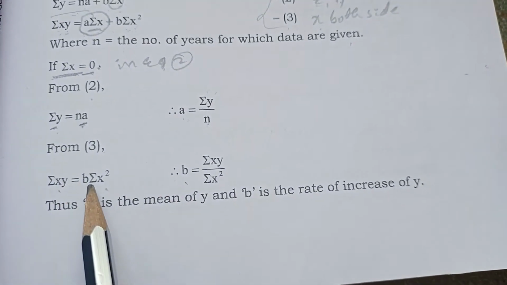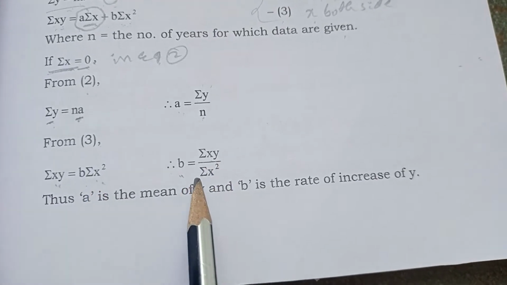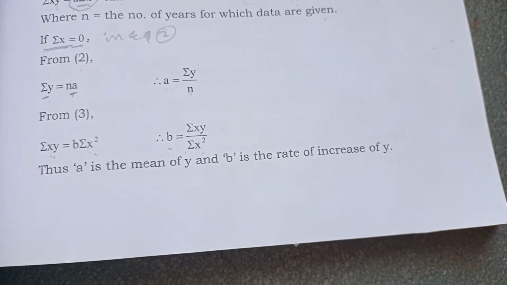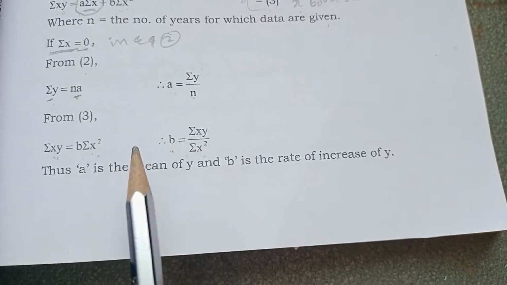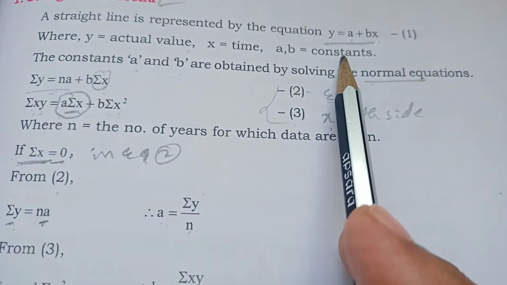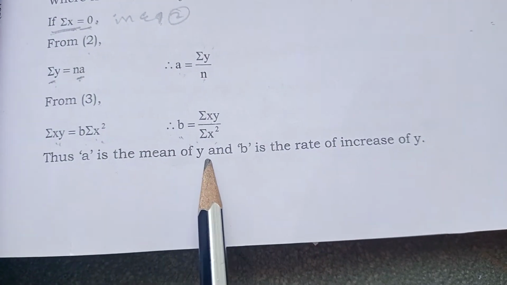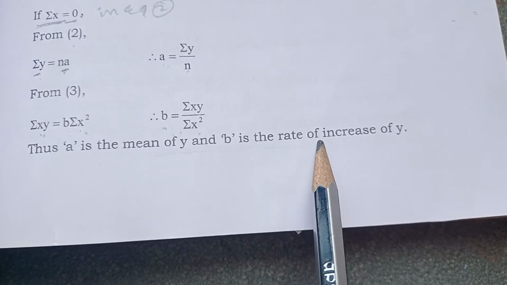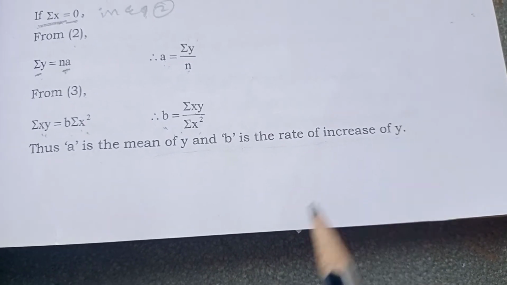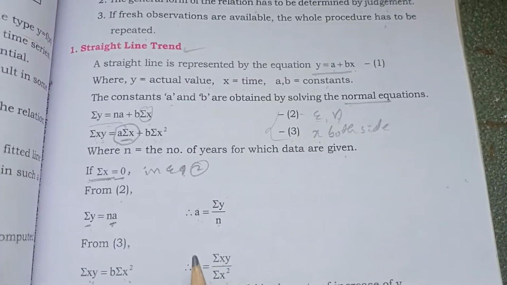Therefore b is equal to sigma xy divided by sigma x square. So these two values a and b are the constants. This constant value we have found. Thus a is the mean of y and b is the rate of increase of y. So here we got the constant values a and b.